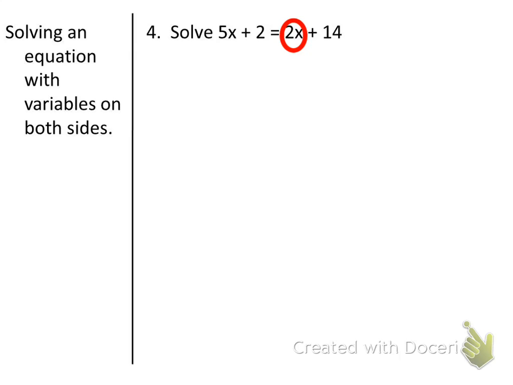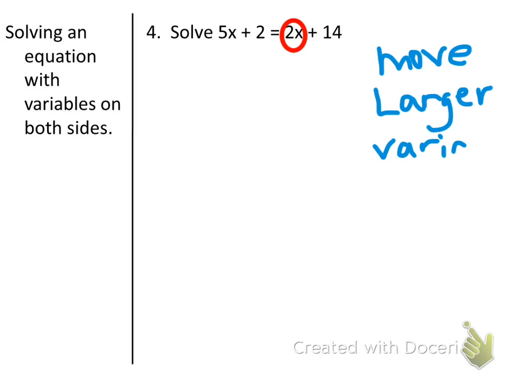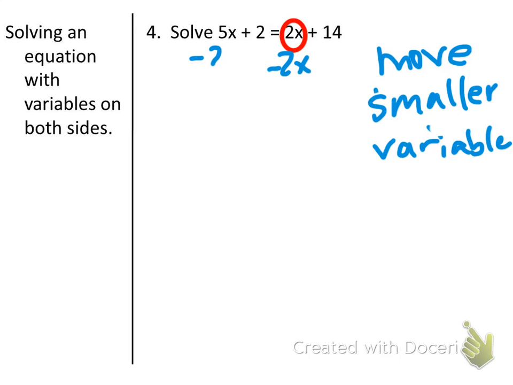The reason why I'm moving the 2x and not the 5x is because you want to move the smaller variable. I want to keep the larger one and move the smaller one. Okay, so I'm going to move the smaller one, which is 2x, so minus 2x, minus 2x.